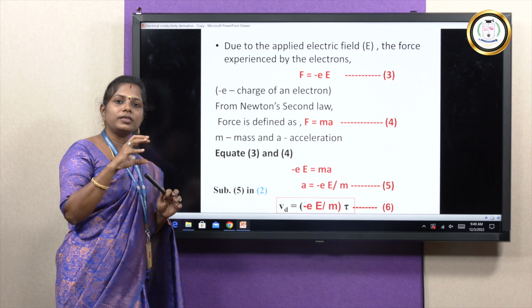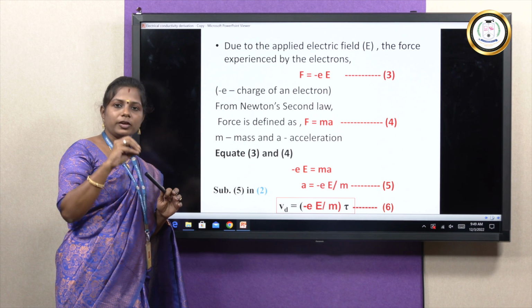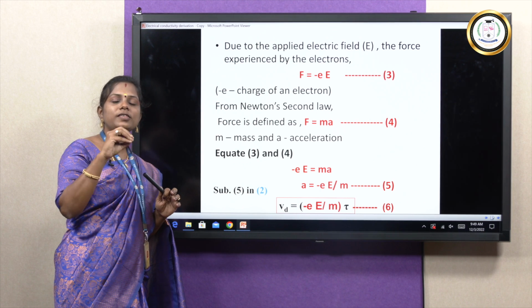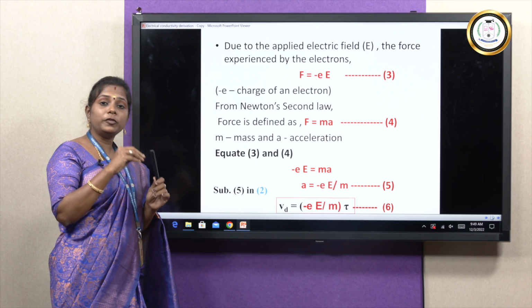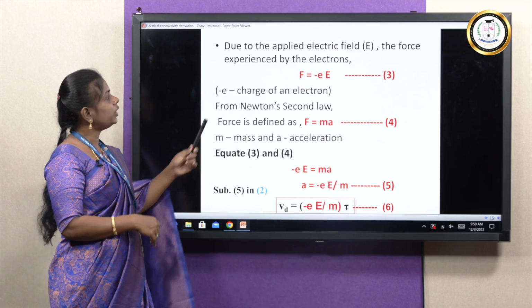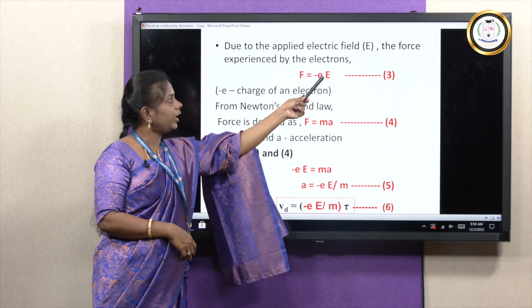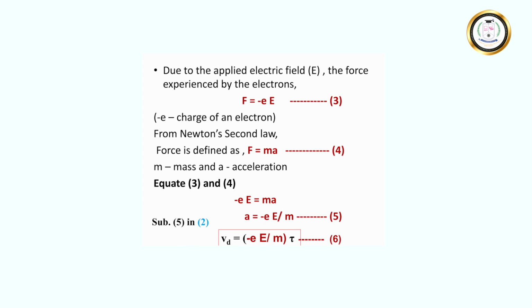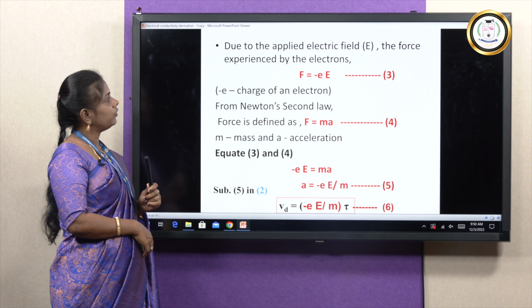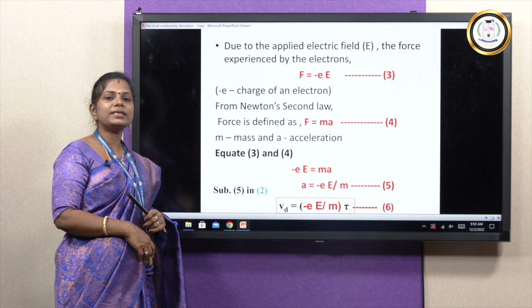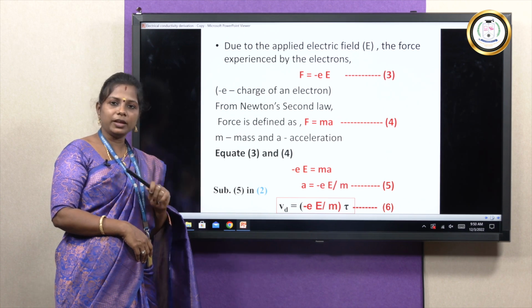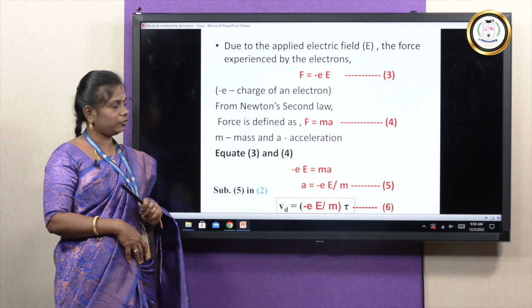The electrons experience the electric field, so each electron experiences a force, which can be written as minus e into E. Here minus e represents the charge of an electron.